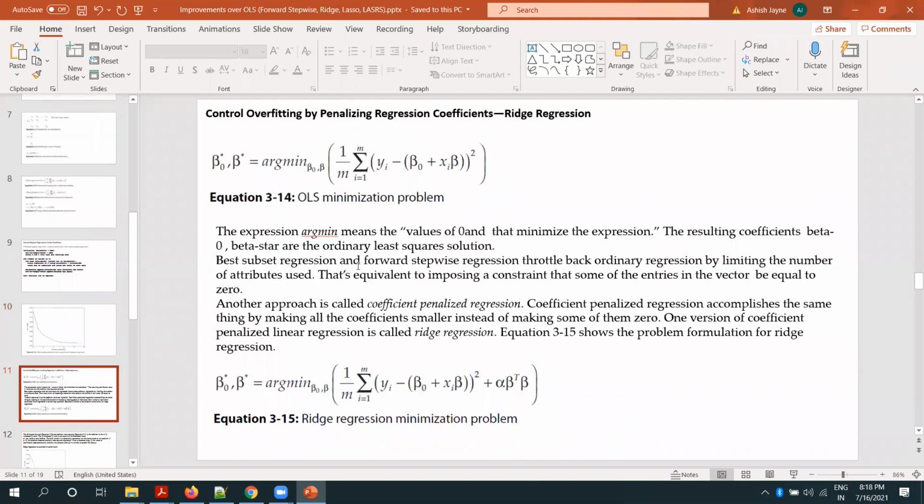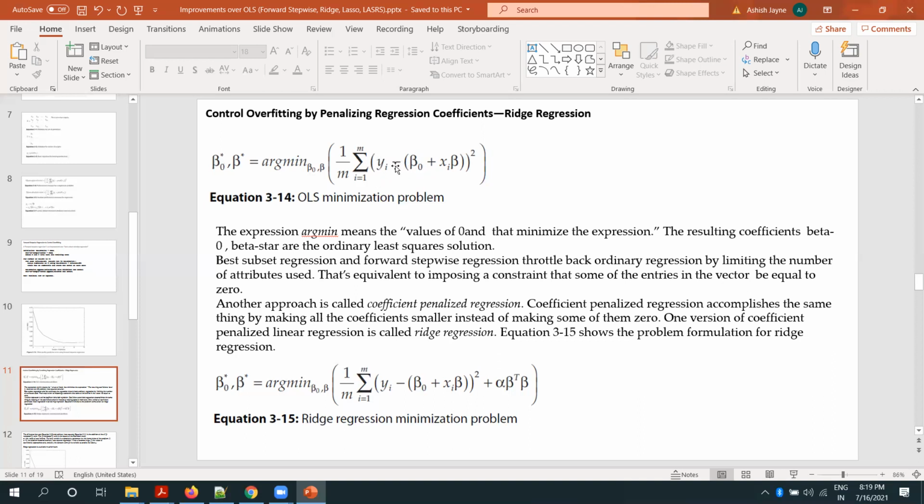Now, over here, how do we control the overfitting? By penalized regression coefficients. When you are using penalized regression coefficients, the way to control overfitting is ridge regression. I did not share this equation earlier in the previous session, and it might seem complicated. When you look at it, this is your error term basically. This is your prediction, beta naught plus xi beta. This is your true value.